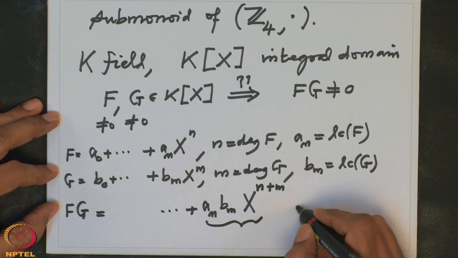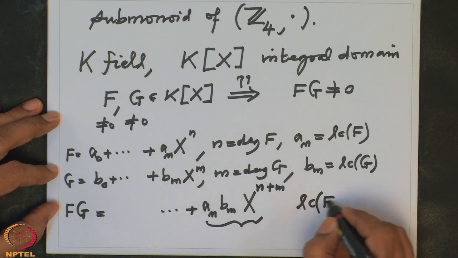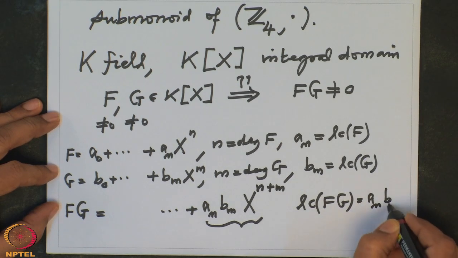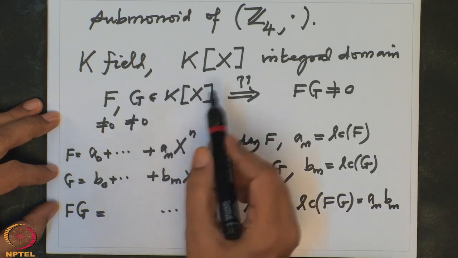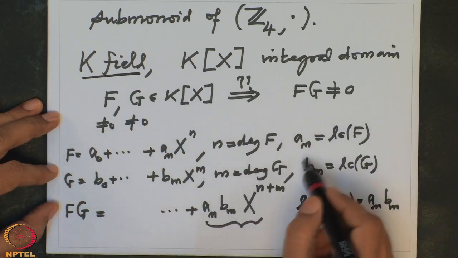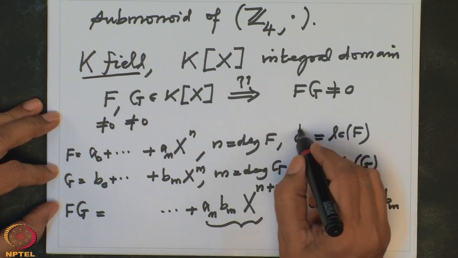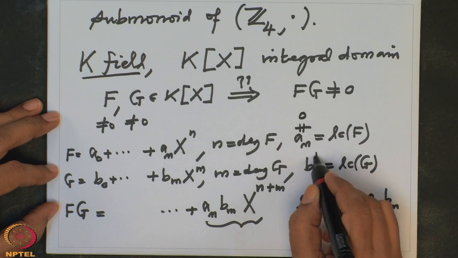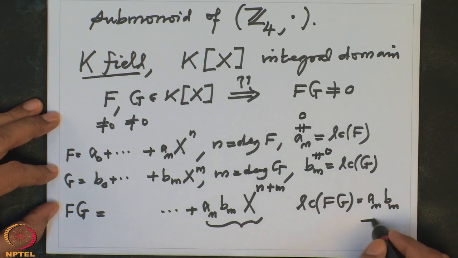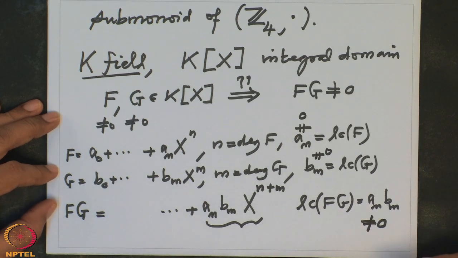So the leading coefficient of f times g is precisely an times bm, and because K is a field, if I take two non-zero elements, this is non-zero, this is also non-zero, then the product cannot be 0 because we are in a field.